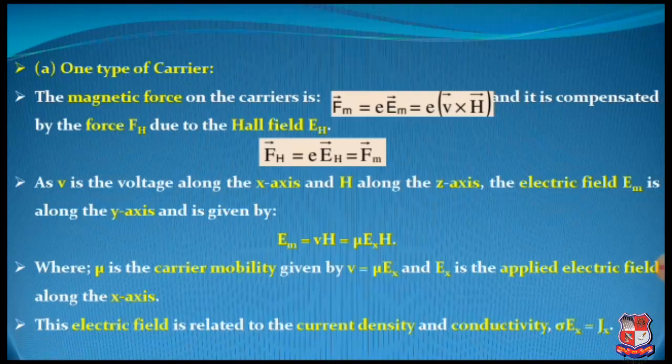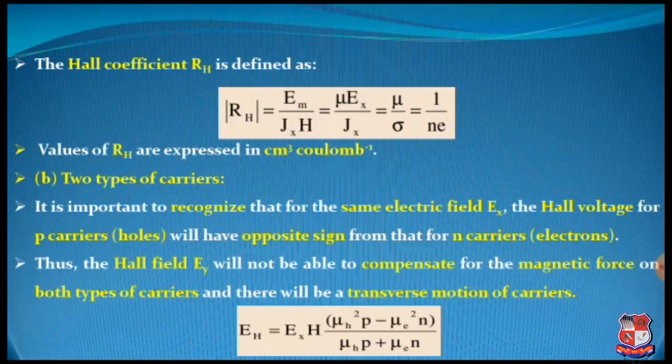So by considering the magnetic force, now we have come across towards the mobility, moreover the current density, and these two parameters are mainly important to identify the presence of charge carriers, or we can say mobility, inside the investigating material. And hence the hole coefficient, that is RH, is defined as Em upon Jx into H.